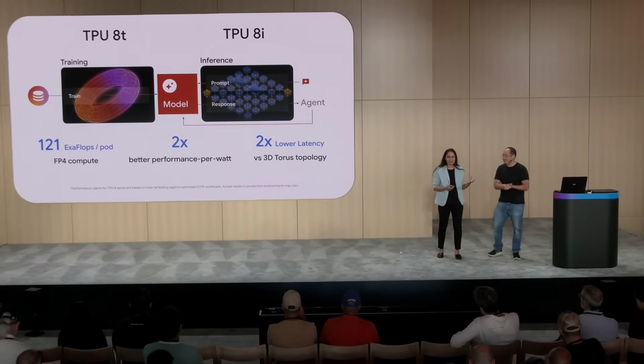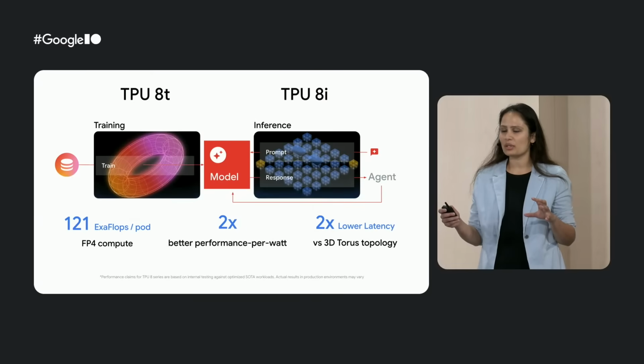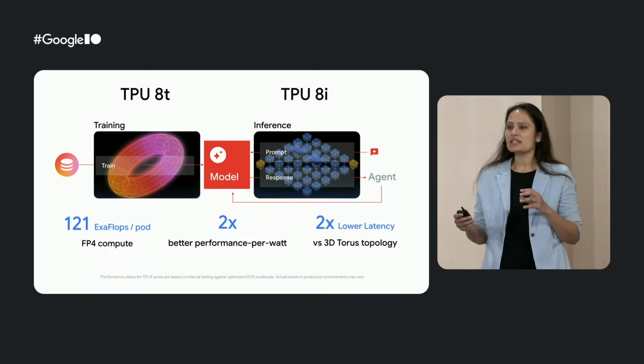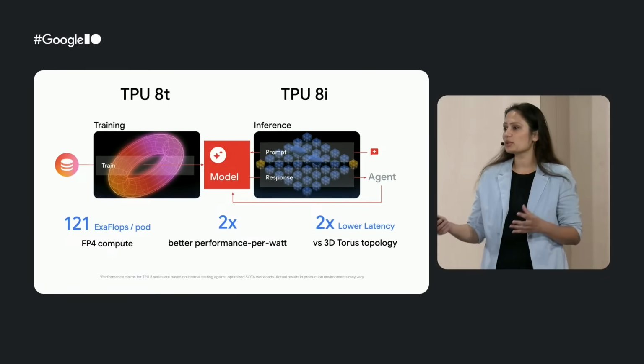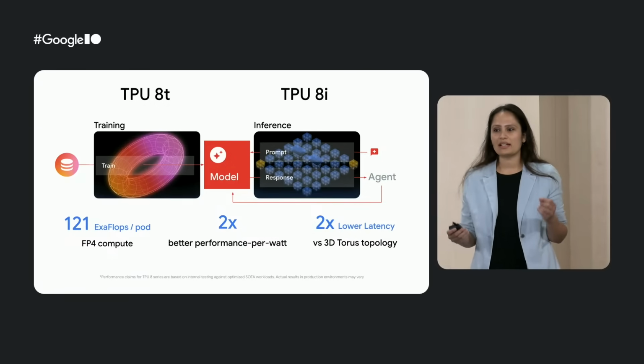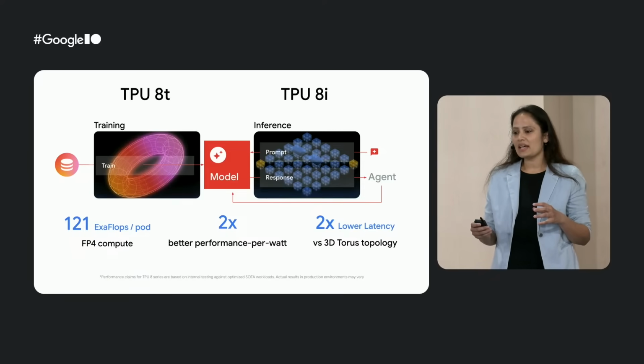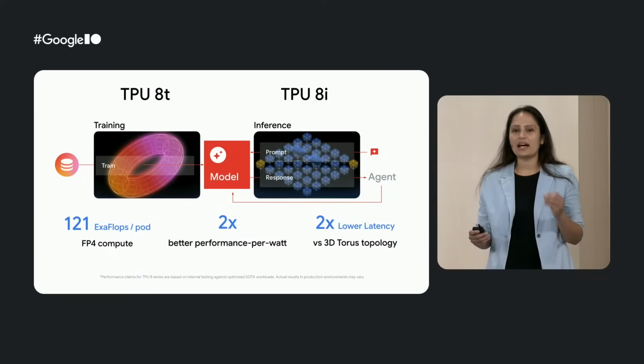Yeah, so as Josh mentioned, as you can see here, there is a clear separation from an architectural standpoint between systems that specialize in training workloads and those that specialize in inference workloads. So TPU v8 is our latest generation of TPUs that we announced at Cloud Next. And TPU 8T is highly optimized for large-scale training workloads.